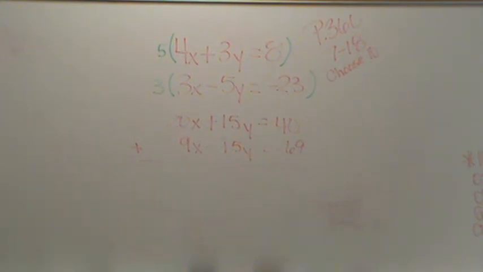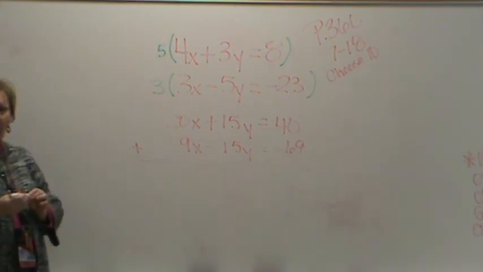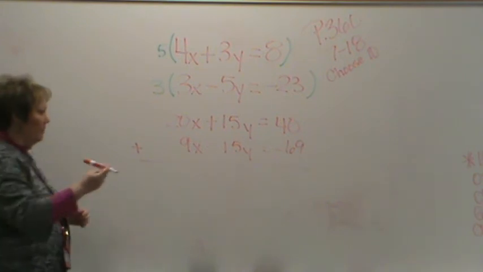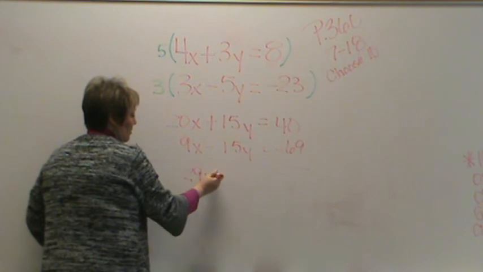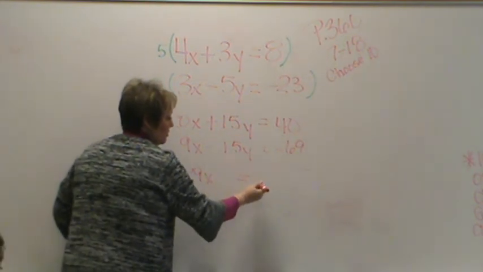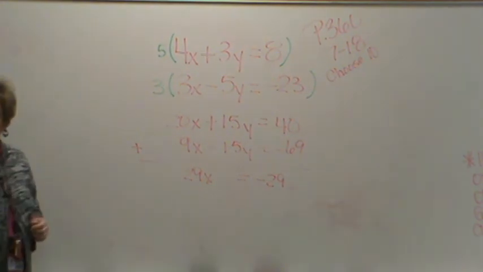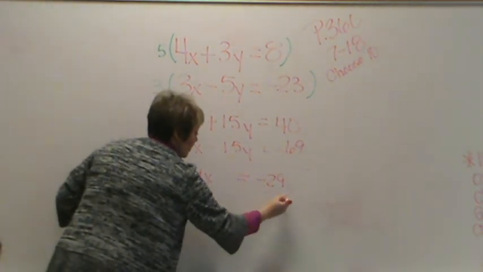Okay, tell me what you get in your process of eliminating the variable y. What do we get? Next step. 29x. Okay, and then what? Divide both sides by 29.